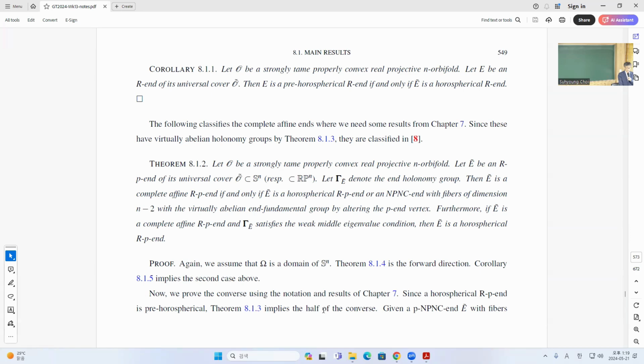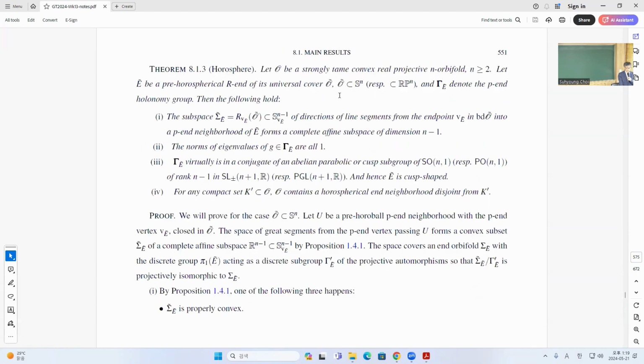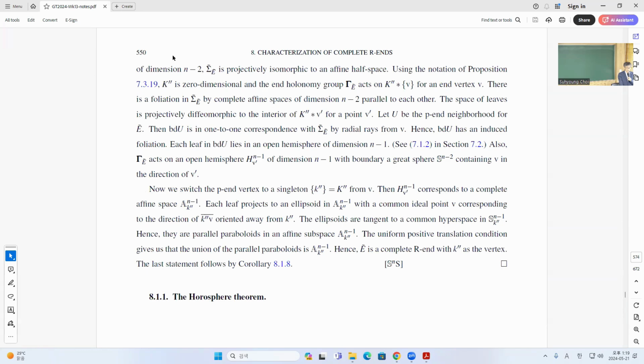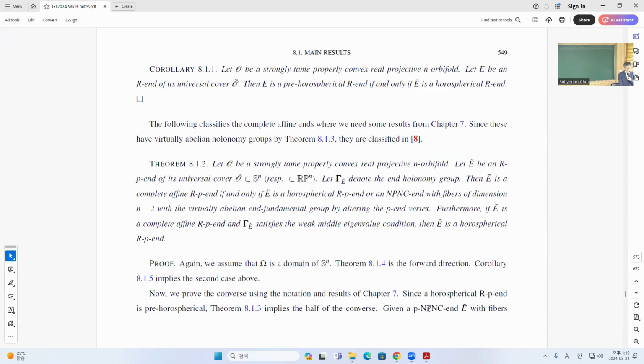So in 8.13 here we will show that the equivalent of pre-horospherical and pre-equivalent. And given an NPNC end with the fibers, maybe I forgot R here, so an RPNPNC end. So this should be switched somehow.